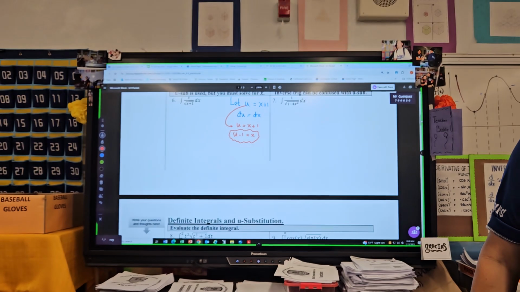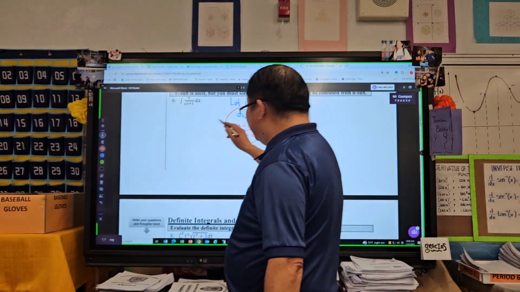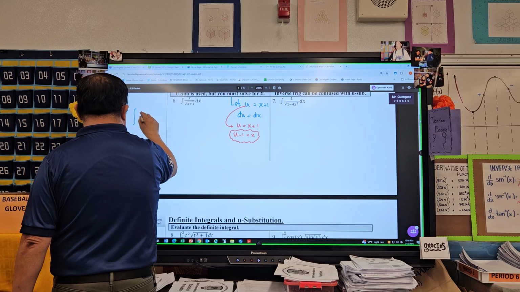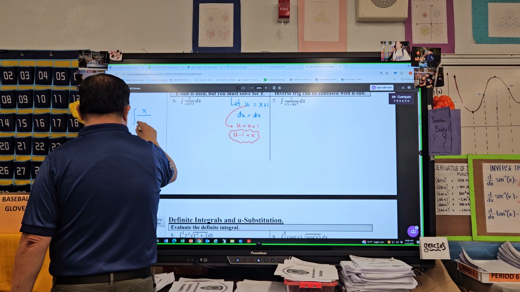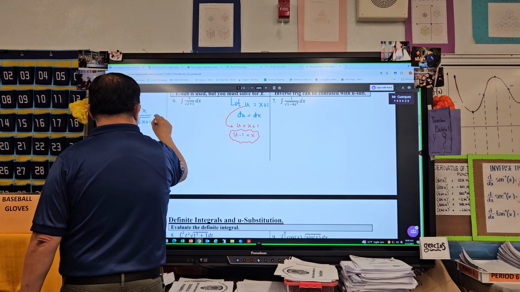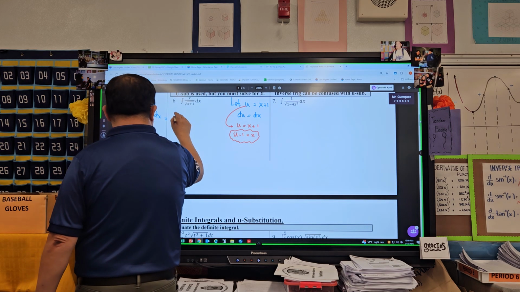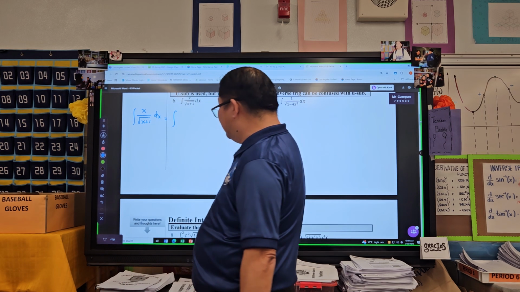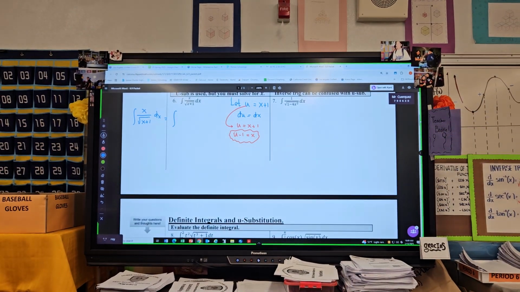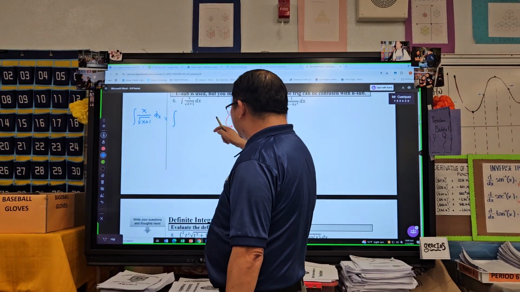Okay. So we're going to continue. The integral of x over square root of x plus 1 dx can now be written as the integral of, what do you think? What is x defined as? U minus 1. U minus 1, right? So x is defined right here as u minus 1.